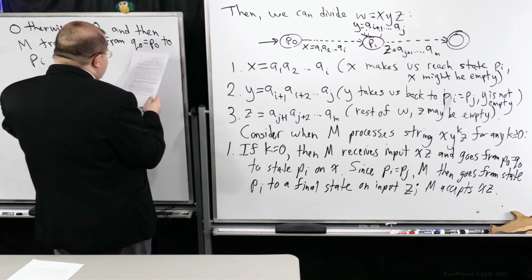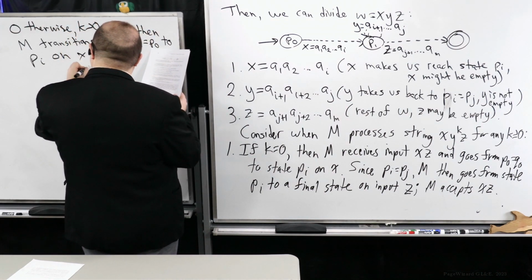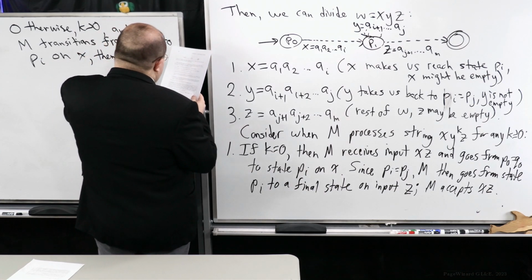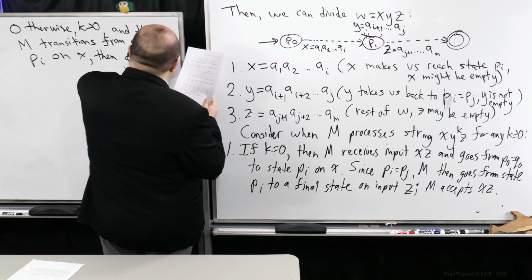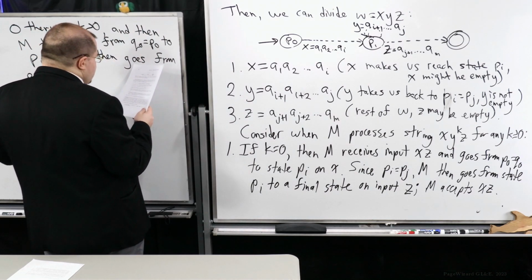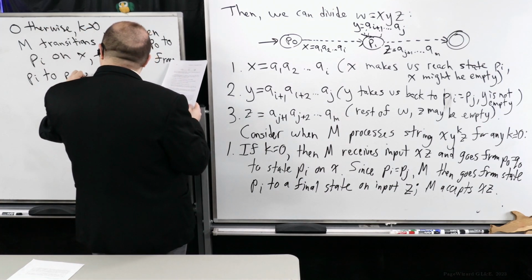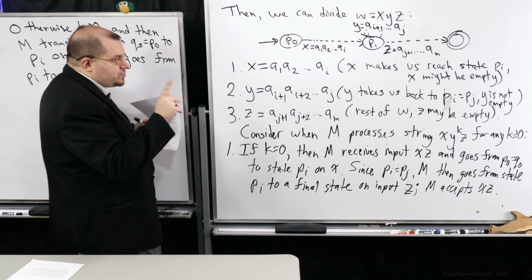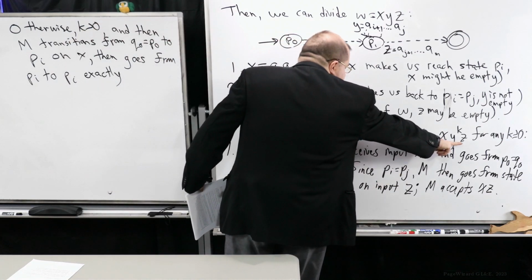I'll start writing and you tell me. Then it goes from pi to pi. Exactly how many times? Because remember, the string has this form.